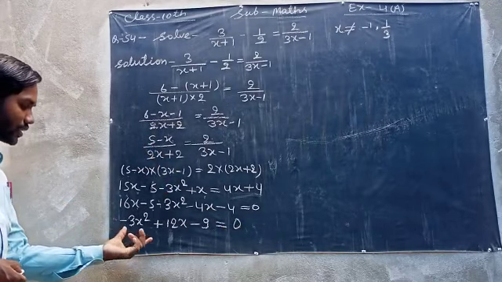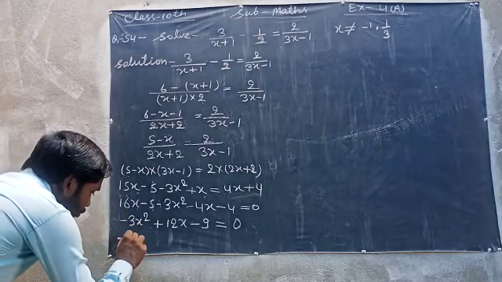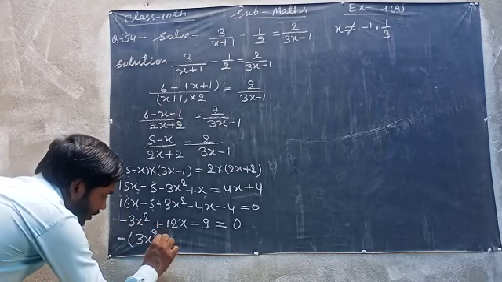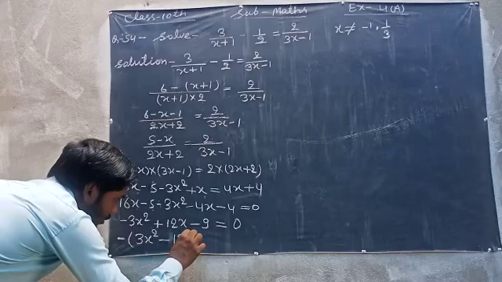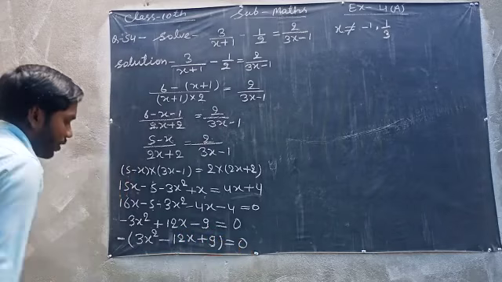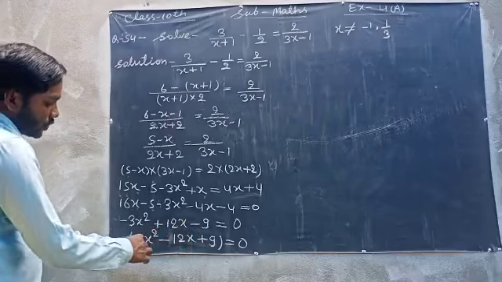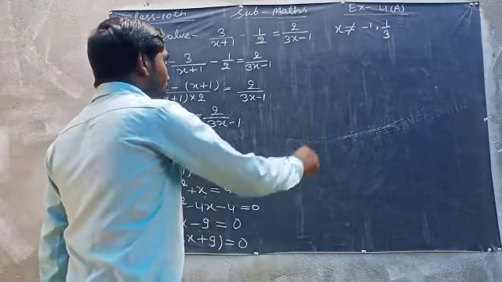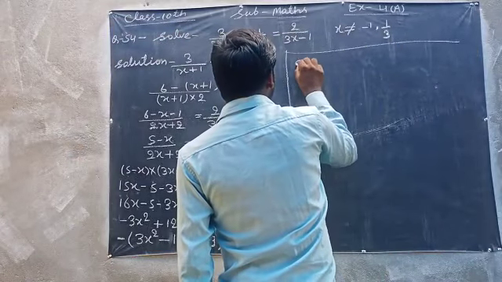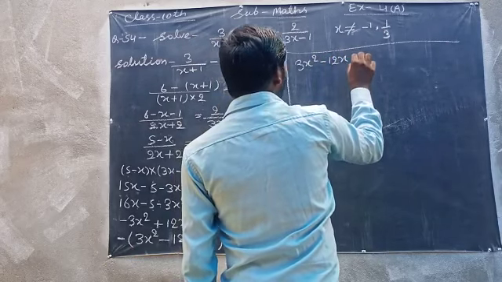For making this x square positive, we will take common minus. So when we take common minus, it will be 3x square, in place of plus it will become minus 12x, and here plus 9 is equal to 0. When this minus is divided by 0, we get positive. So it will be 3x square minus 12x plus 9.